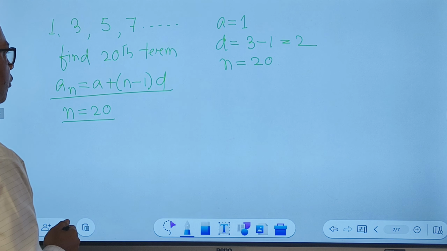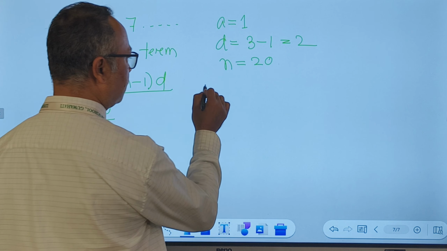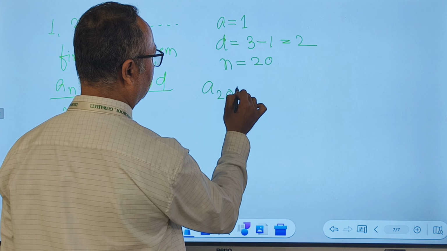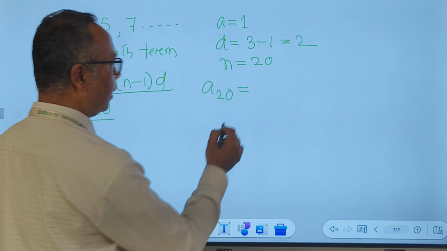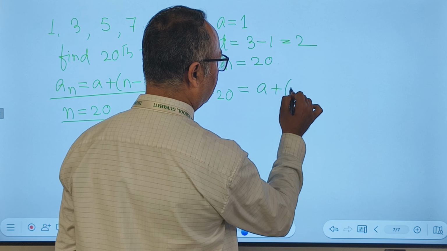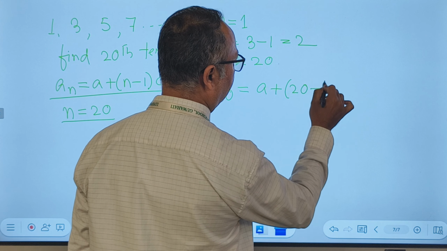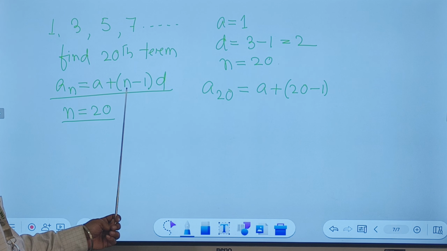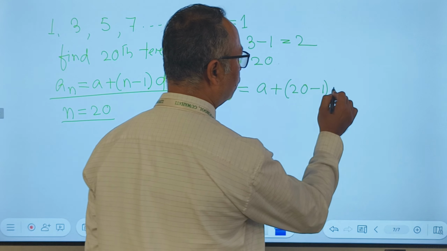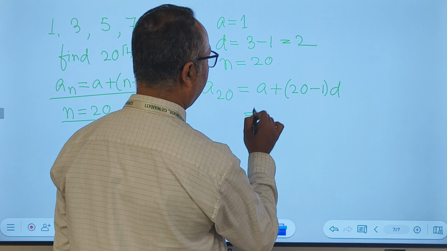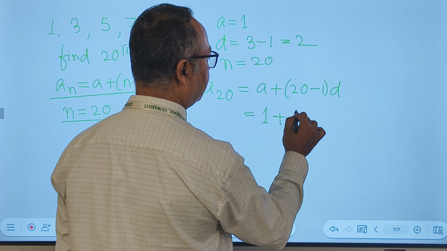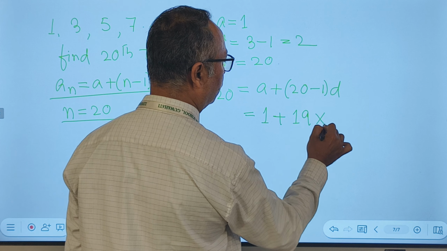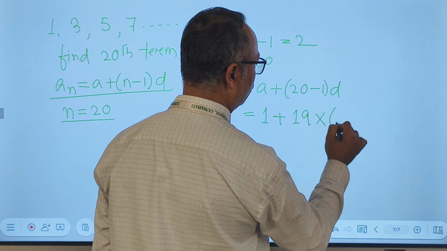So how to find the 20th term? It means A20. We have to find this A20. a plus 20 minus 1, because see, n is 20, 20 minus 1 into d. Here first term is equal to 1 plus 20 minus 1 is 19 into d, d is 2.